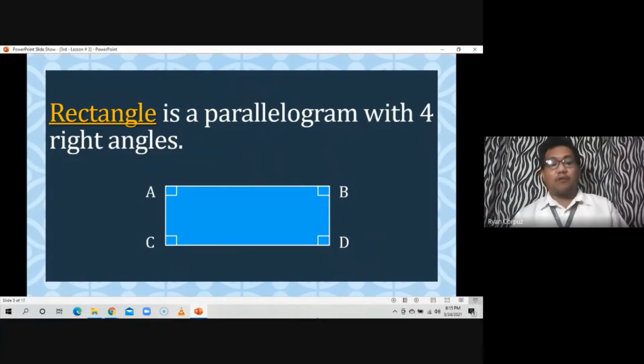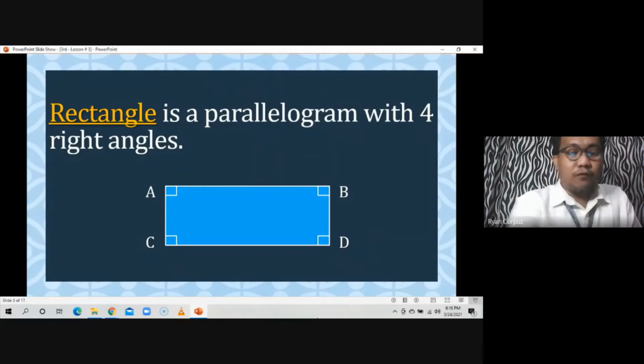When you say a parallelogram with 4 right angles, the best answer is a rectangle, because a square also forms right angles. But if four right angles is mentioned in the definition, we are only pertaining to a rectangle.